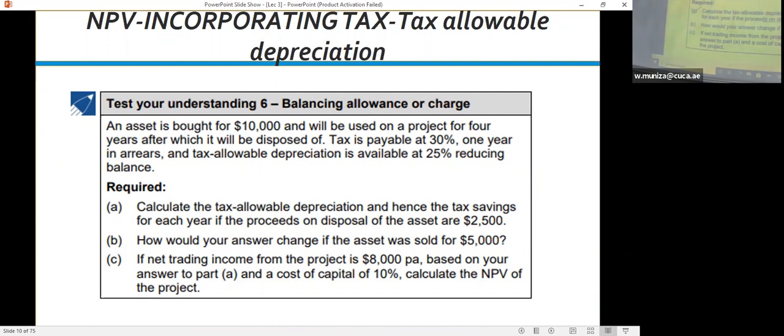Tax rate is 30%. As per this 30%, we are going to calculate the tax allowable depreciation. So on this 30%, how much is it? 750. On the next depreciation, 30%, 563. On this one, 422.